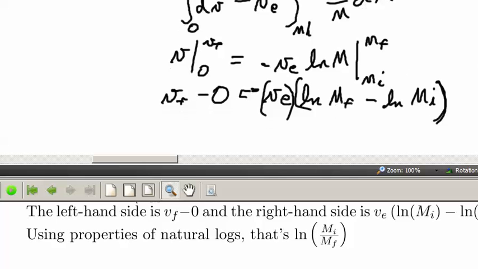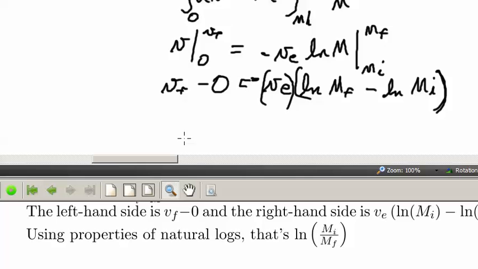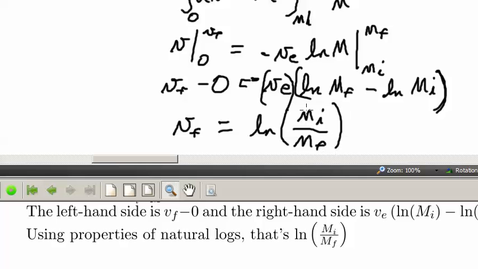And finally, using properties of natural logs, since this is negative negative, that's the positive part, it'll be natural log of mass initial divided by mass final. And that will be a number greater than 1 times v sub e.